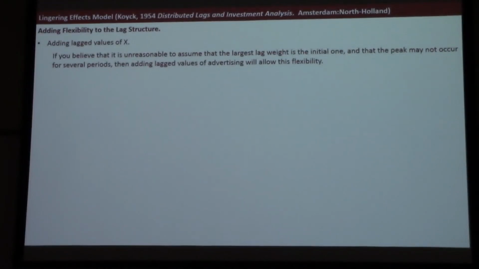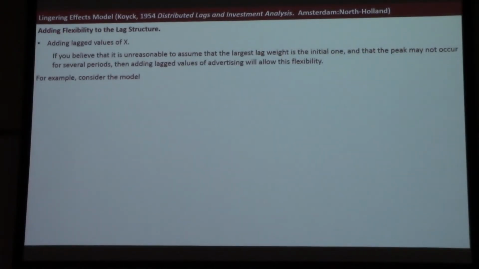If we add a lagged value of x, so if we think the largest effect of advertising isn't going to be in that first period, it might be in a subsequent period. If we think that the peak effect occurs not in the first period, which the picture tells us, but in subsequent periods, we can change that peak.